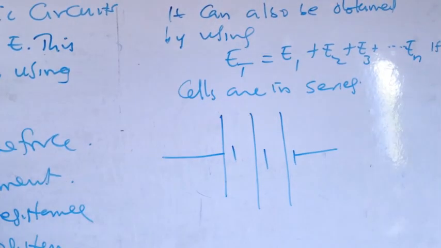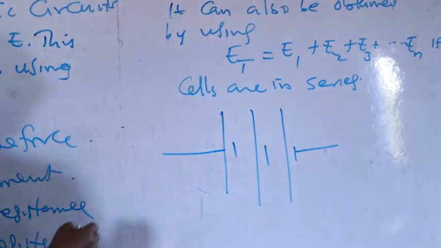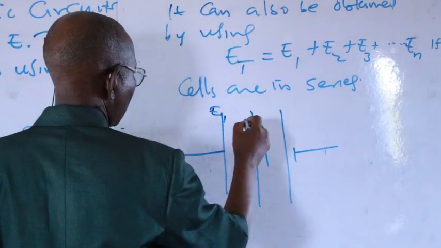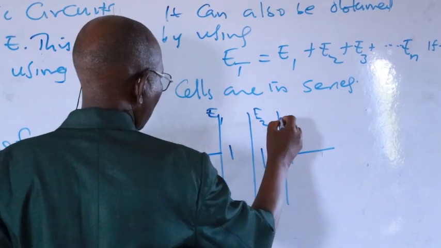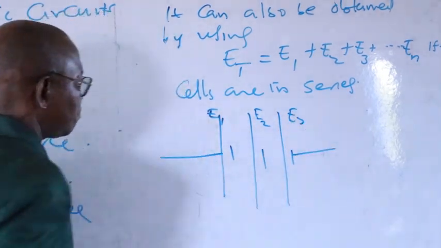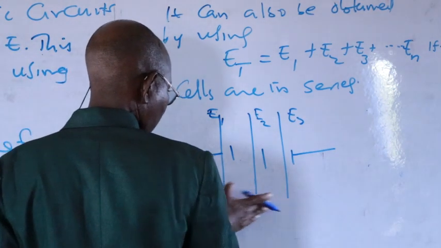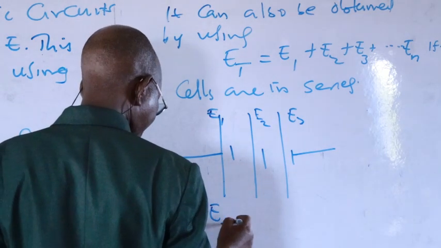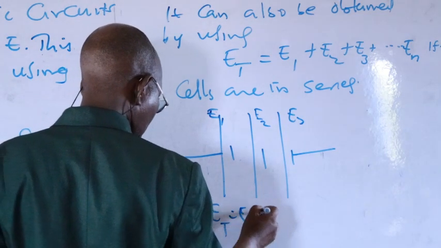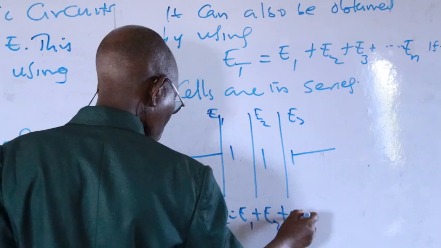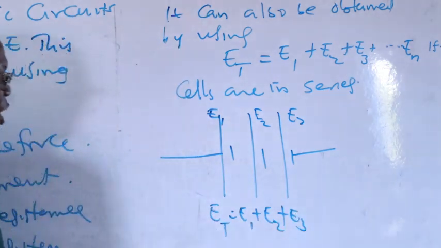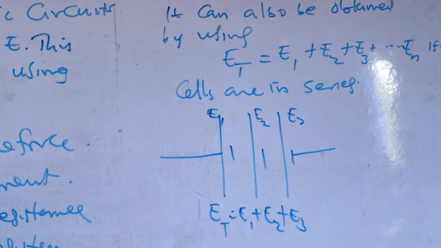Look at this arrangement. This is E1, this is E2, and this is E3. 3 cells arranged in series. E total in this case will become E1 plus E2 plus E3. That's what you are going to have.